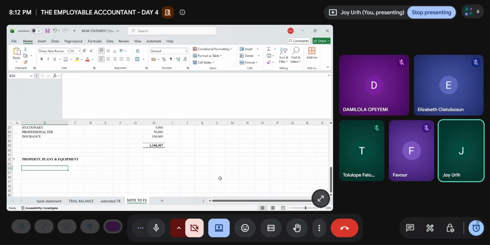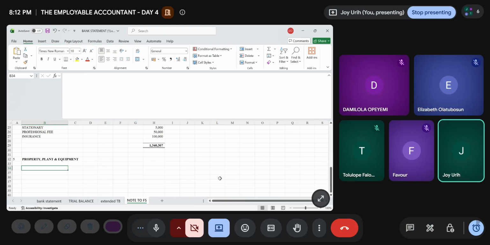The property, plant and equipment is a schedule on its own that has three major sides. It has the cost, the accumulated depreciation, and the net book value. Remember, we have been taught that according to IAS 16, we do not carry our non-current assets or PPE at cost.